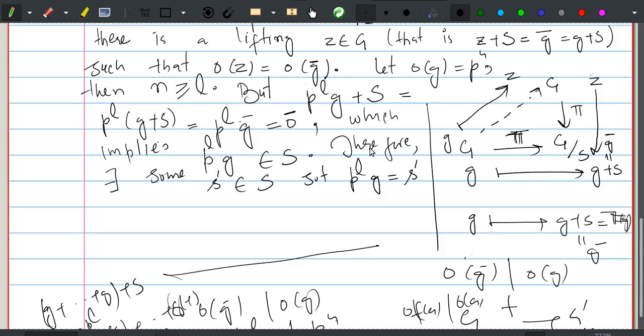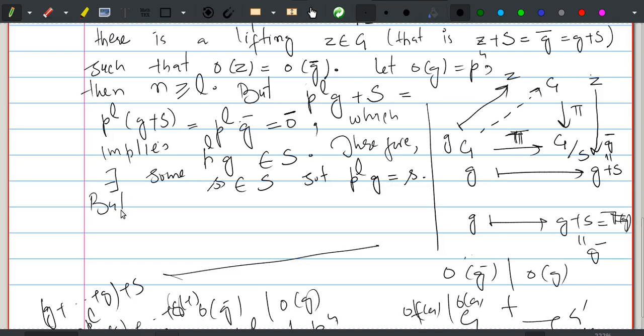But S is a pure subgroup. So there must exist some S in S such that p power L G is S. But it is given that S is a pure subgroup.